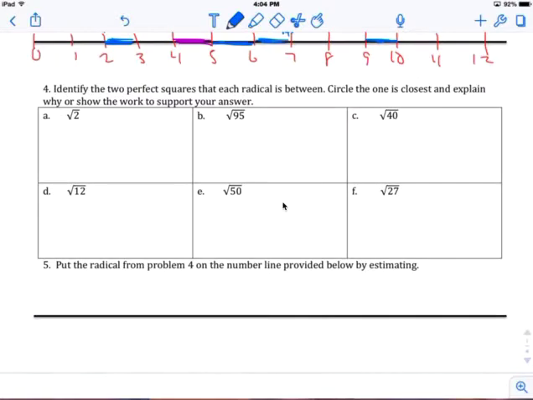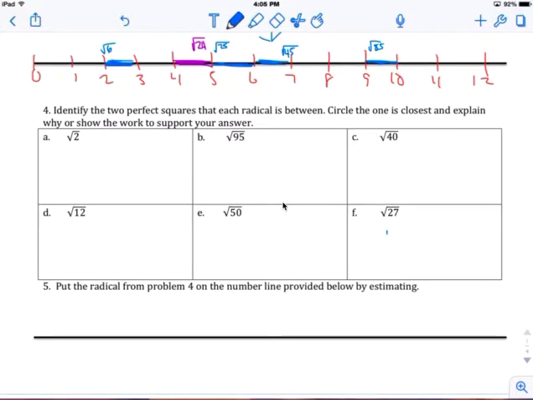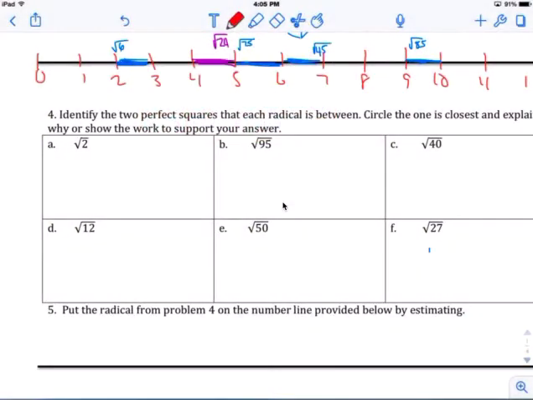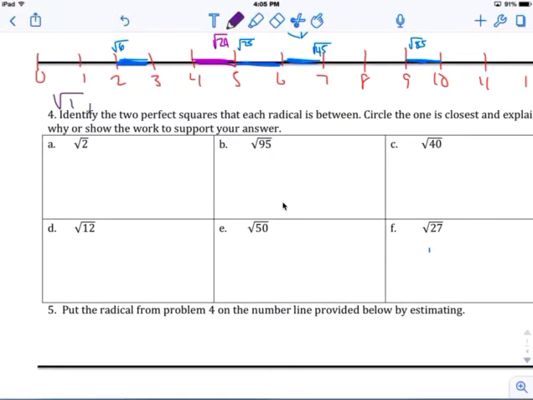This one's the same. Okay, very similar. Identify the two perfect squares again. I like putting the square root up. Square root of 1, square root of 4.